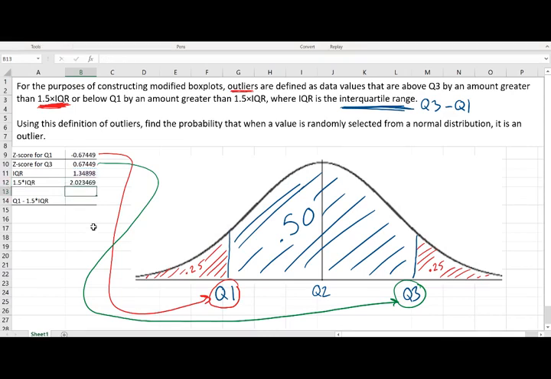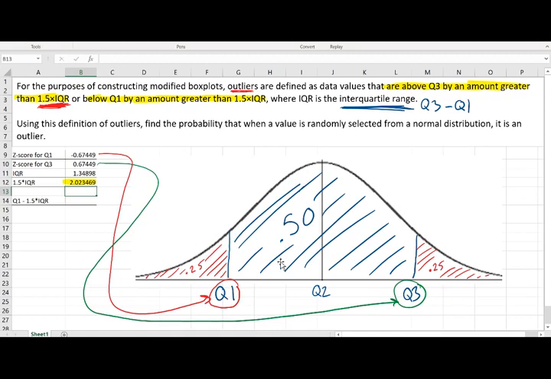Okay, and that's what we're talking about here. Above Q3 by an amount greater than 1.5 of the interquartile range, or below Q1 by an amount greater than 1.5 of the interquartile range. Okay, so that's what we're going to be using this number for.